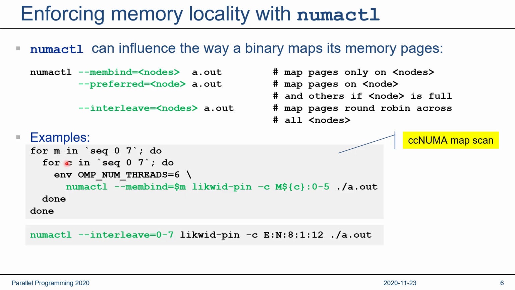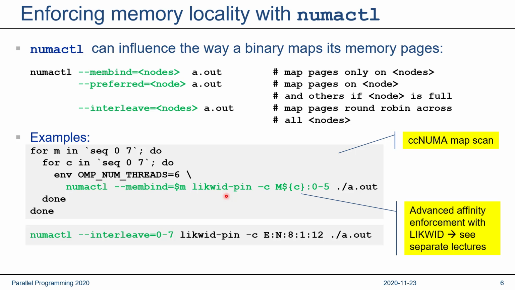The thread placement into the CPU domains, C also going from 0 to 7. This is done not using the OpenMP standard mechanisms, which would be really clumsy and awkward to use here, but by using a special tool, likwid-pin, which you can learn about when looking at the other lectures and videos I've uploaded into our Moodle system.